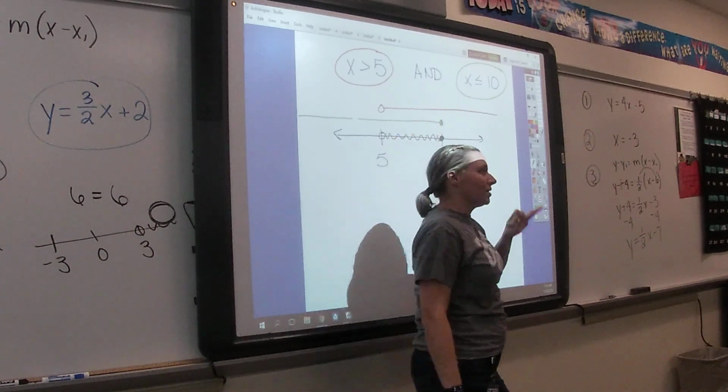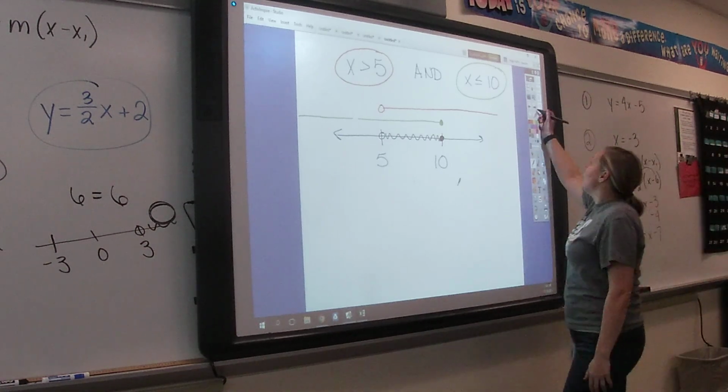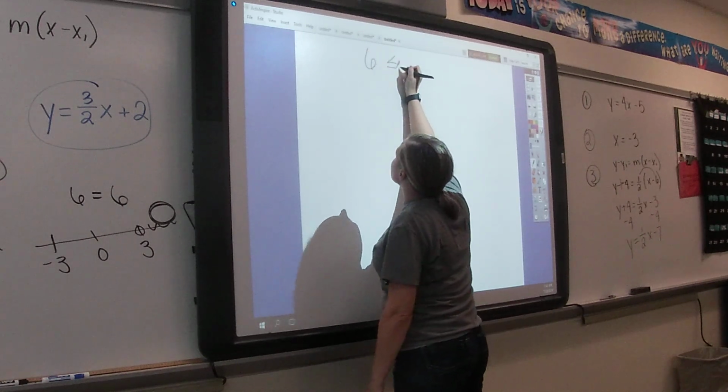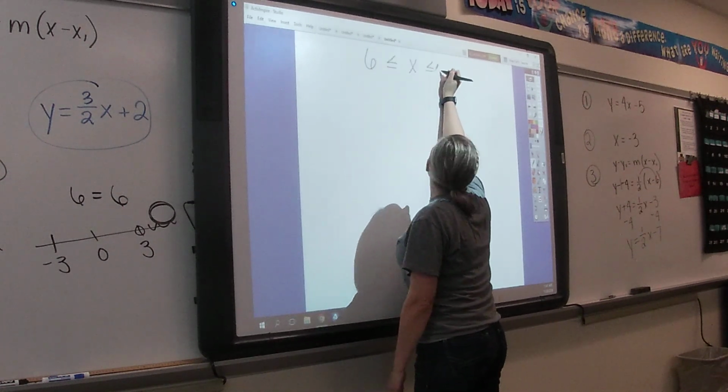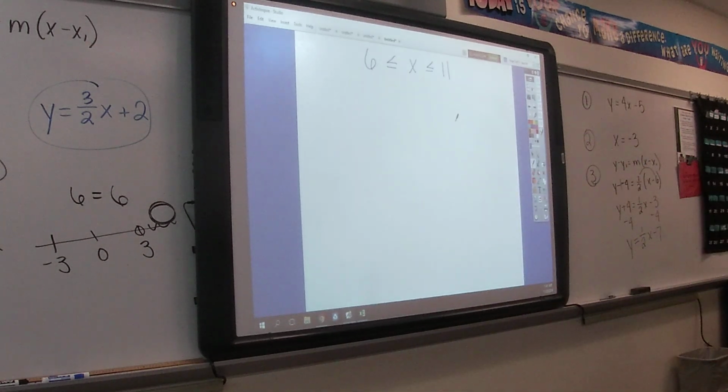And if that wasn't complicated enough, sometimes the word "and" doesn't show up at all. Okay, because sometimes we will see something written this way. And this is the most common way that we see a compound inequality written, where it's actually kind of squished together.